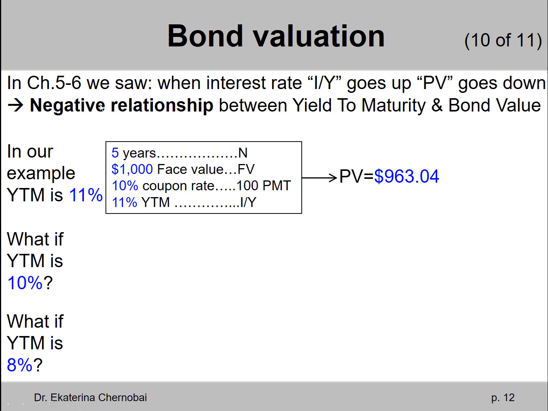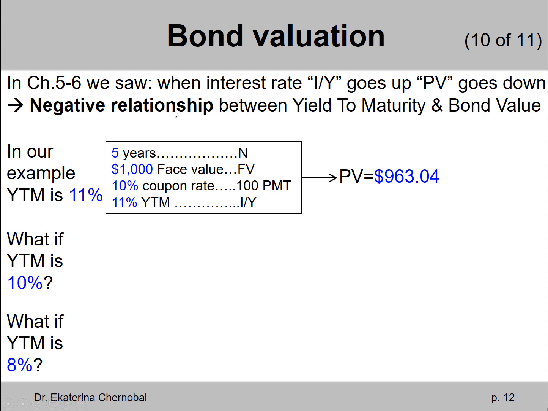So let's continue. In chapters 5 and 6, we saw that whenever the interest rate or IY is higher, the present value is lower, right? So there was this negative relationship between the discount rate or the interest rate and the present value.